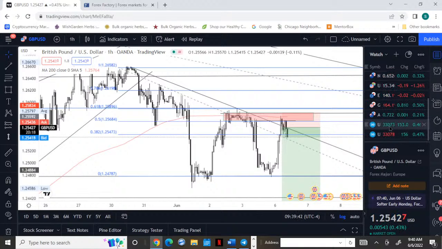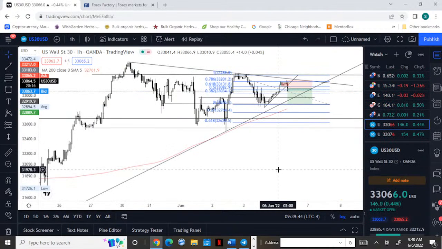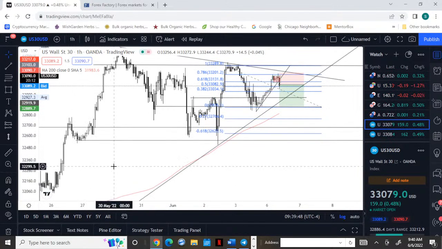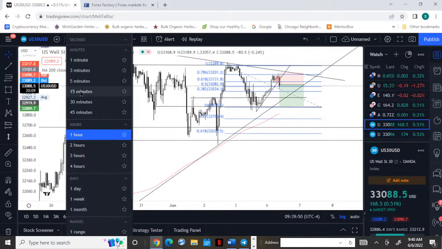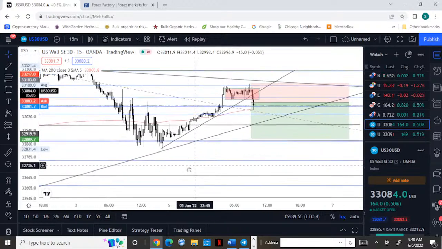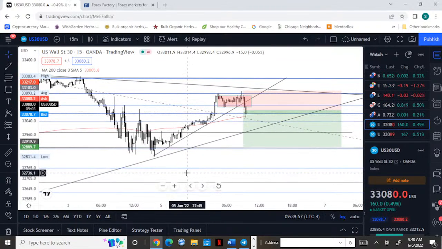Let's go back and check on US 30. So this is all I'm looking for today. I'm looking for this sell to finish on US 30, and GU is going to be a long-term hold.